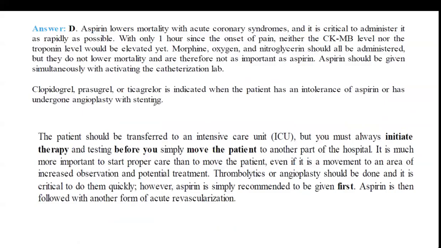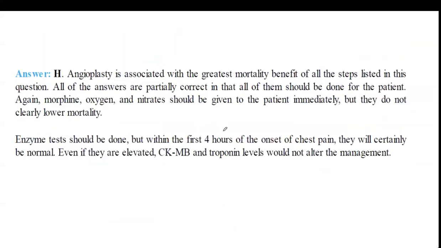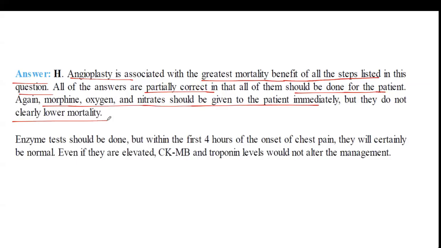Okay. So remember one thing, if you look at the answer here, angioplasty is associated with the greatest mortality benefit of all the steps listed in this question. All of the answers are partially correct in that all of them should be done for the patient. Like morphine, oxygen, nitrate should be given, but they do not clearly lower mortality.